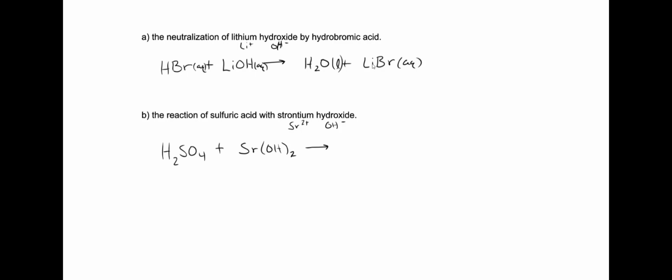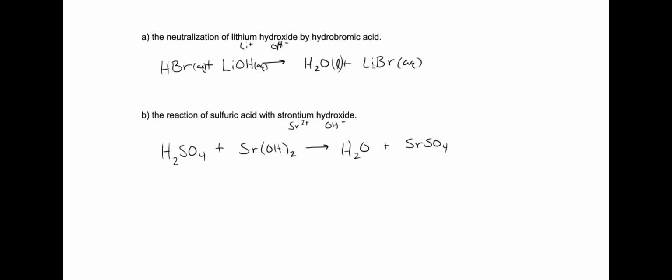So acid plus base gives you water plus salt. The salt here would be strontium, which is 2+, coming together with sulfate, which is 2-. So this would be SrSO4.